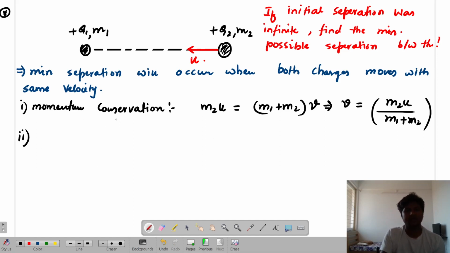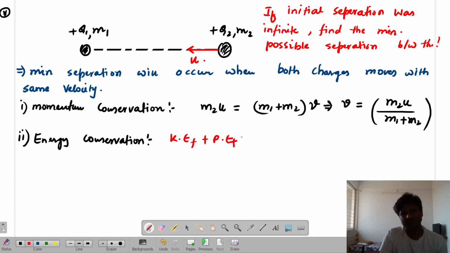Second thing I have to take care of: after that, I can apply energy conservation also. Kinetic energy final plus potential energy final is equal to kinetic energy initial plus potential energy initial. Final kinetic energy: both masses move with common velocity, so half (m1 plus m2) v square.